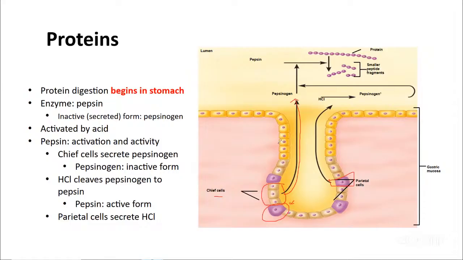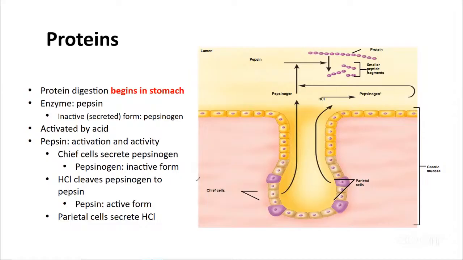So that's also going out the gastric pits, ending up in the lumen of the stomach, and having the end result of activating that pepsinogen into pepsin. Okay. So pepsin is then going to start working on the proteins that you've eaten, and it's going to start that breakdown once it's in this activated form.